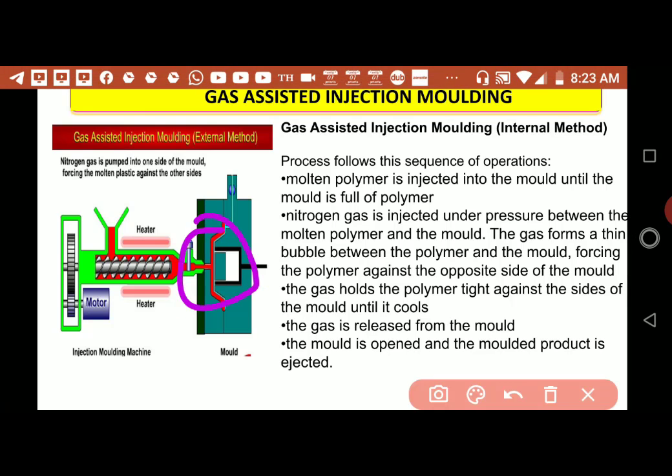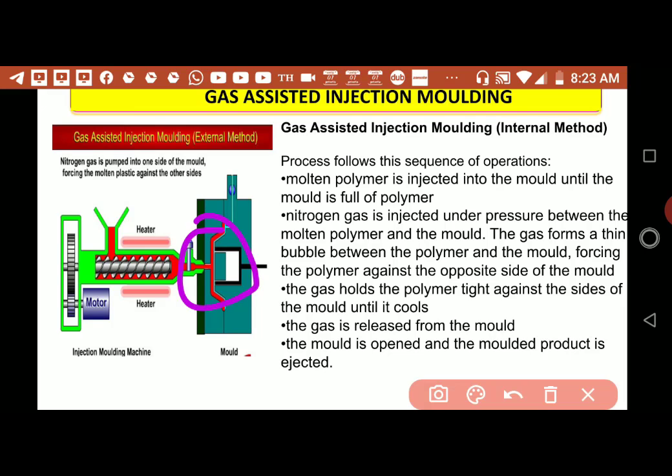The molten polymer is injected into the mold until the mold is full of polymer, and the nitrogen gas is injected under pressure between the molten polymer and the mold.